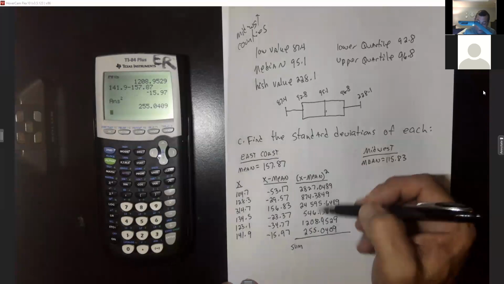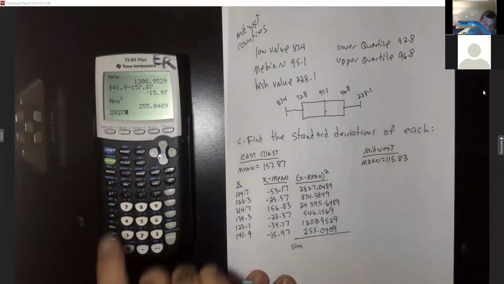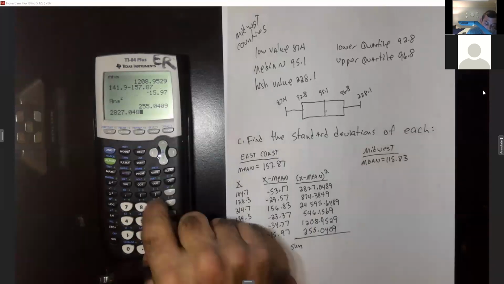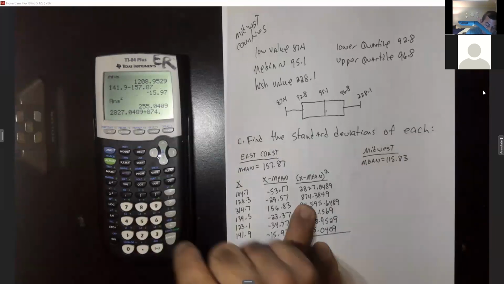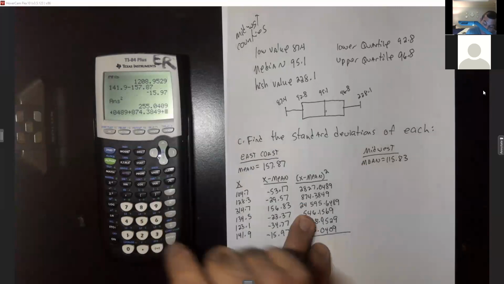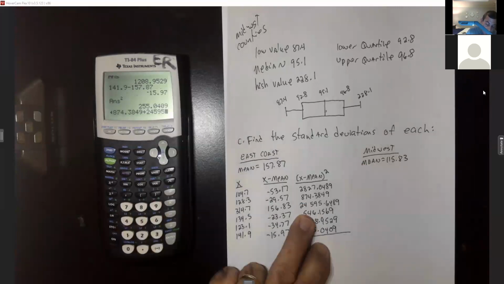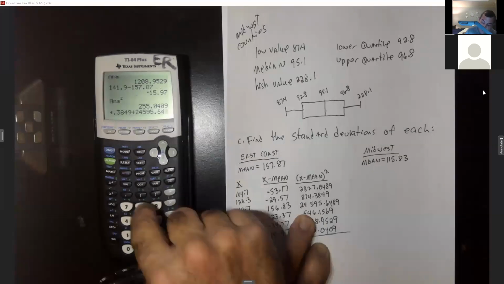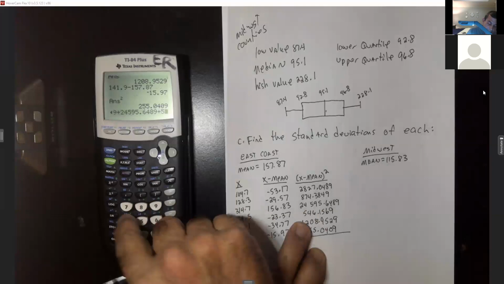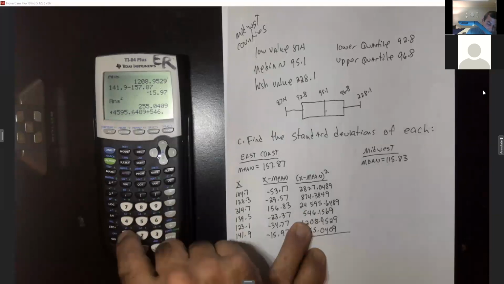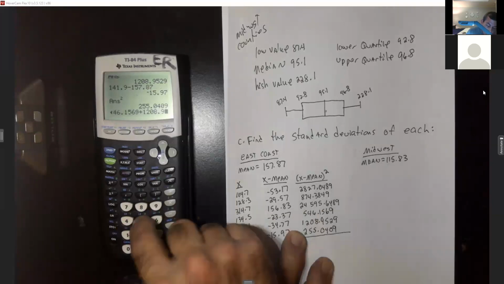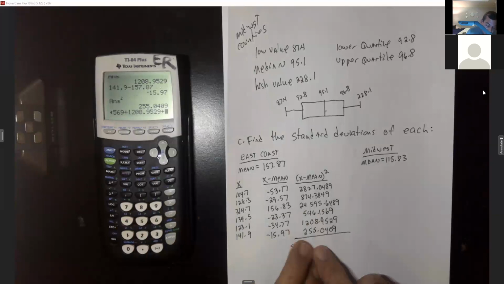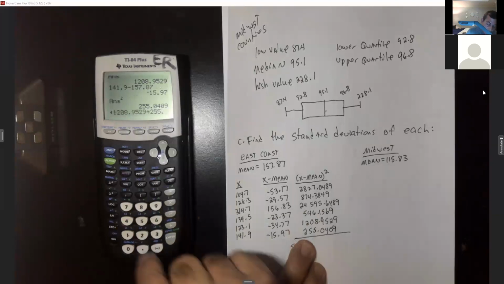So let's add this row up. 2827.0489 plus 874.3849 plus 24,595.6489 plus 546.1569 plus 1208.9529 plus my last one, 255.0409.